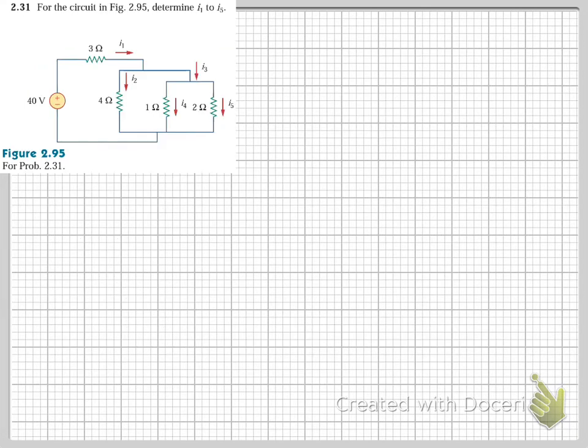So for this one, they say determine I1 to I5. Okie dokie. So when somebody looks at this, they would have been tempted to say that I1 is equal to 40 over 3 plus 4.